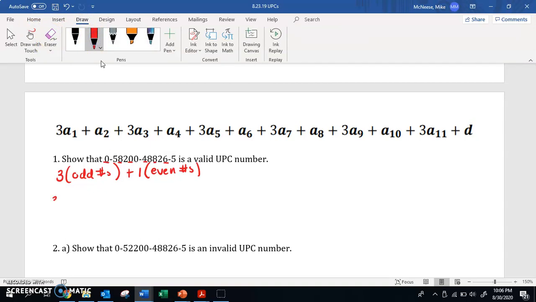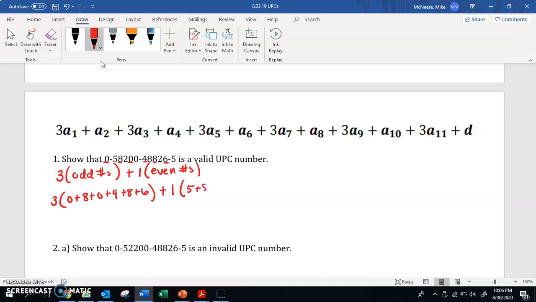So I'm going to have 3 times 0 plus 8 plus 0 plus 4 plus 8 plus 6. Then close parentheses, and then I've got 1 times all the even numbers. I've got 5, 2, 8, 2, 5.